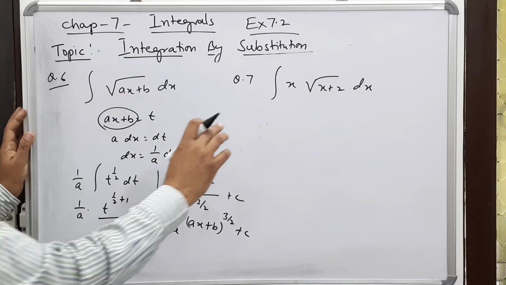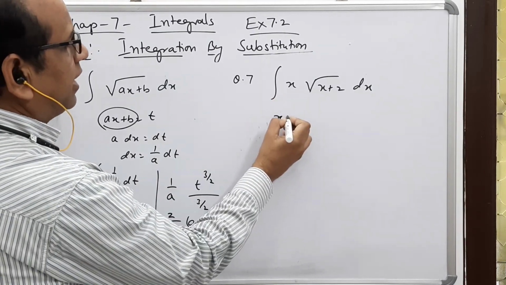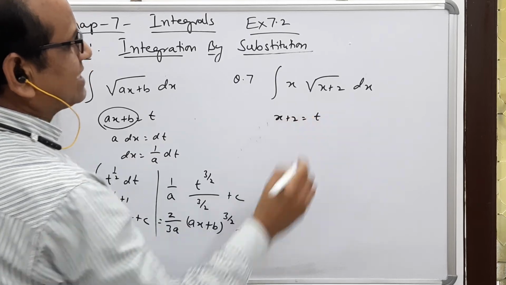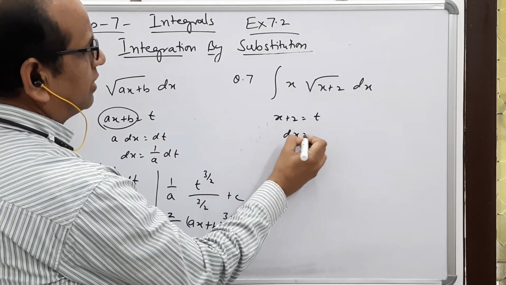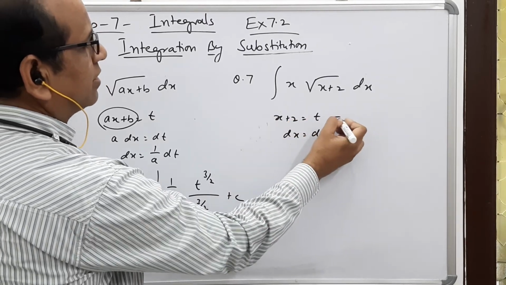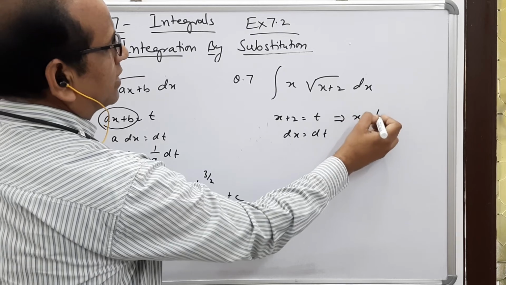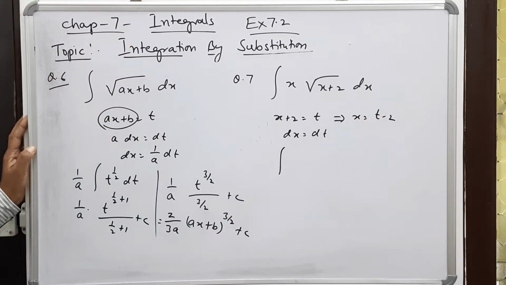You see this one. Here the problem is of this part. So we can take x plus 2 as t. So the derivative is dx equals to dt. When you take x plus 2 as t, then the value of x will be t minus 2. Now we are going to put the value.